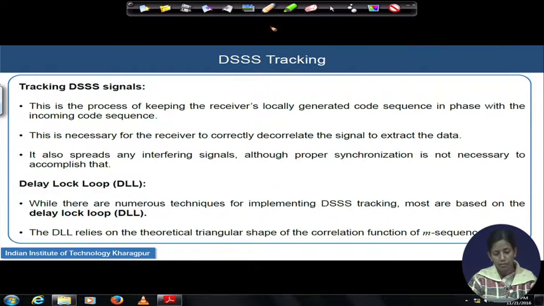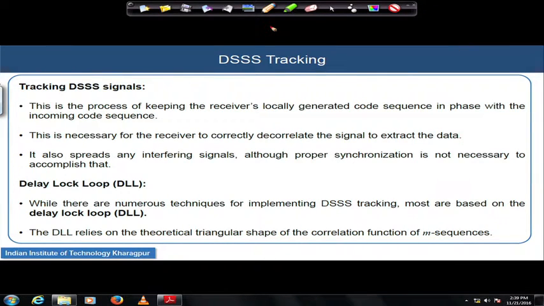So if some interferers remain after the acquisition process, we have a second chance of spreading those interfering signals once again inside the tracking circuit, and then further diminish the effect of the interfering signals in the next despreading process, before entering into the despreading process.